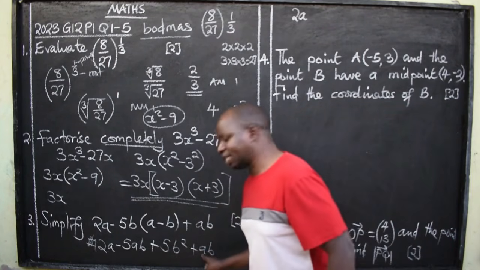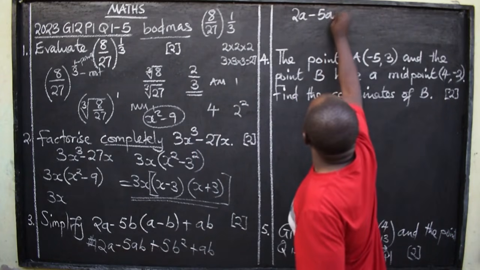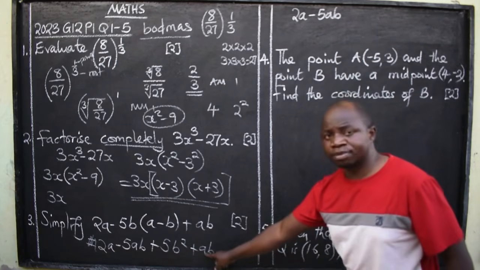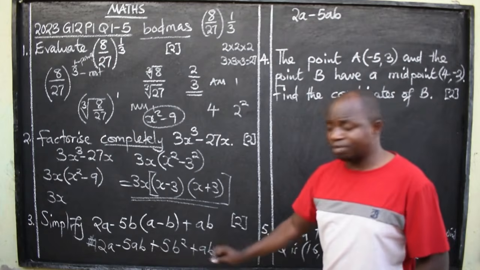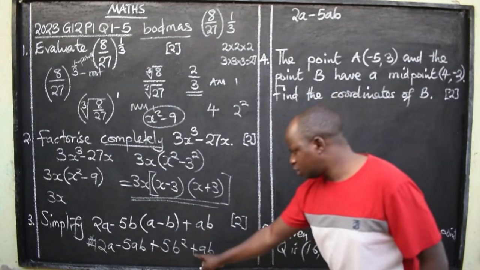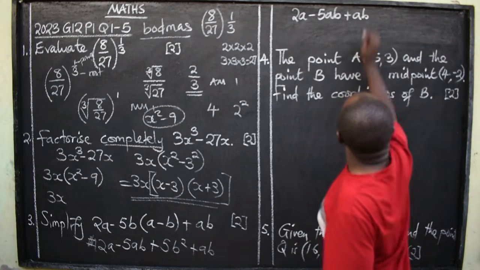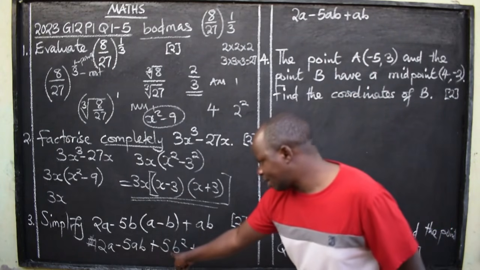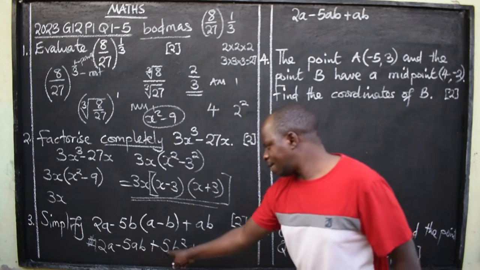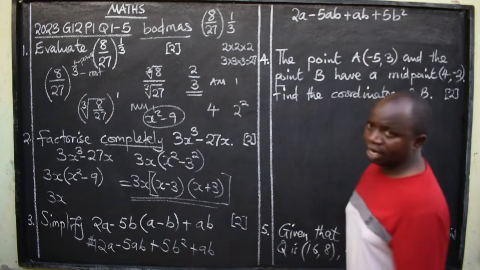So these two are like terms. So I'll be able to say minus 5ab. The pair is here. So to carry positive sign the way it is, no change, because these are not equations. So it will be ab like this. What next? Other term is here. So plus 10b squared, which is allowed.